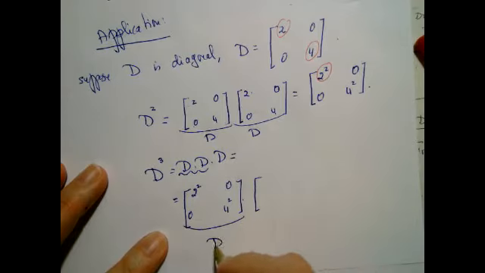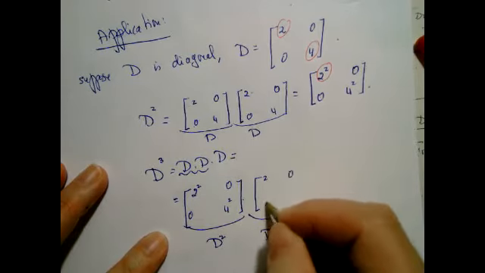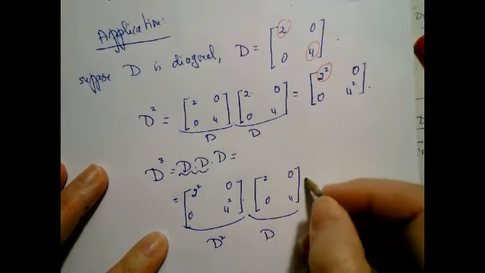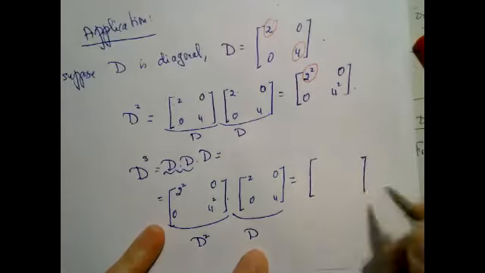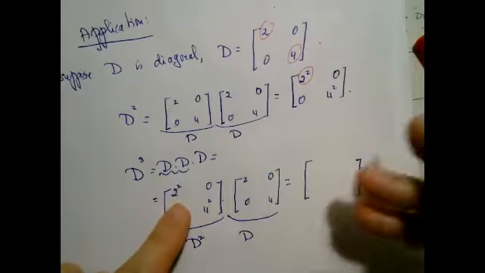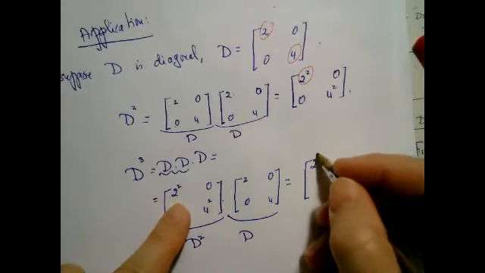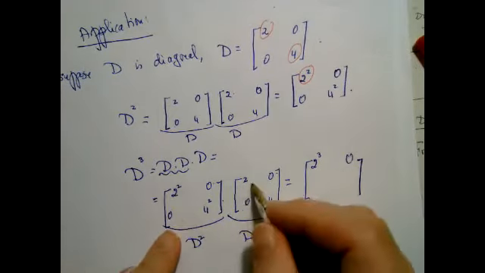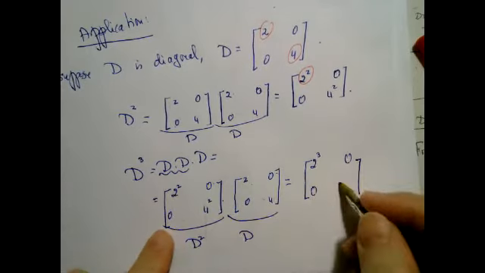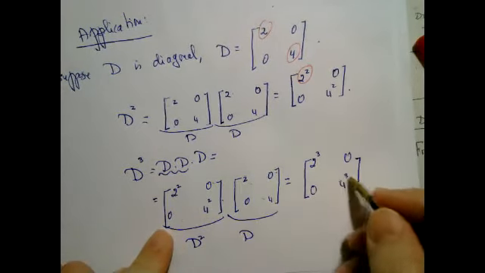This is D squared, and I'm going to multiply it by D, which is 2, 0, 0, 4. And hopefully you guys see the pattern: 2 squared times 2 is 2 to the power 3, 0, 0, 4 to the power 3.